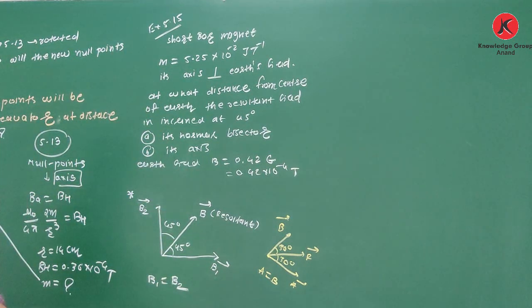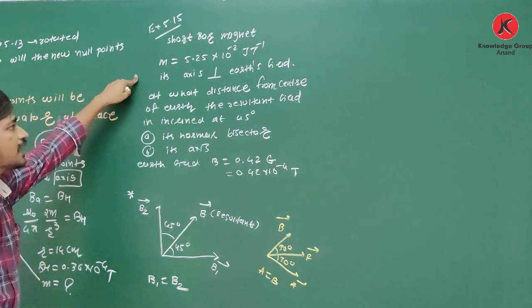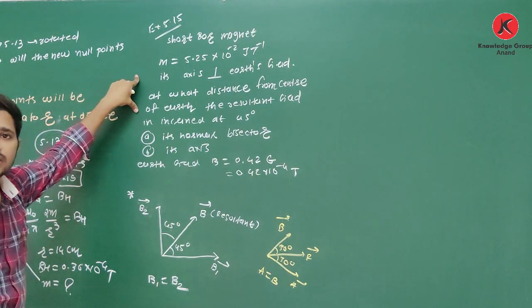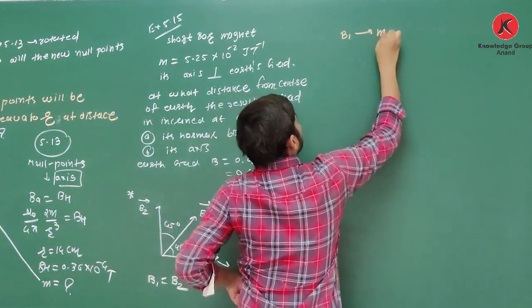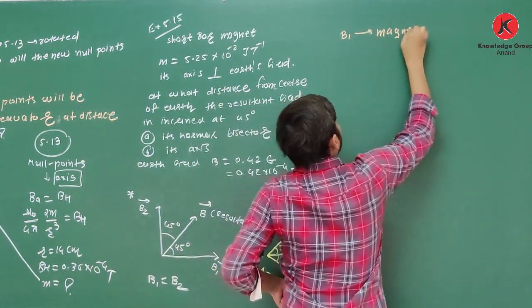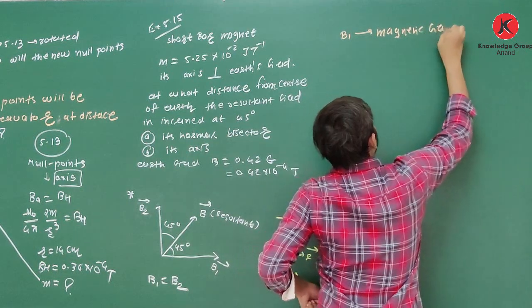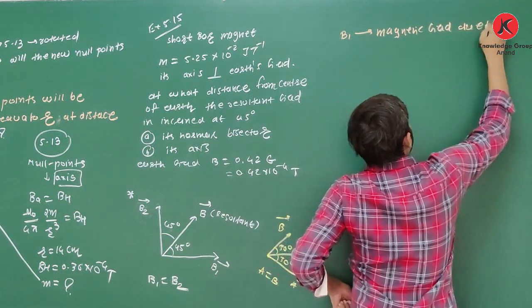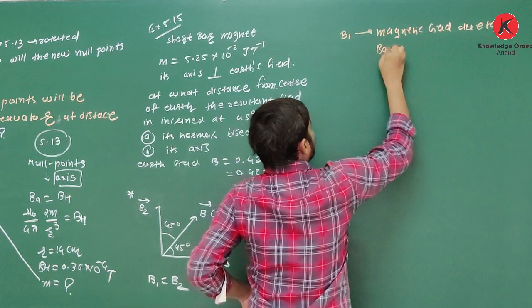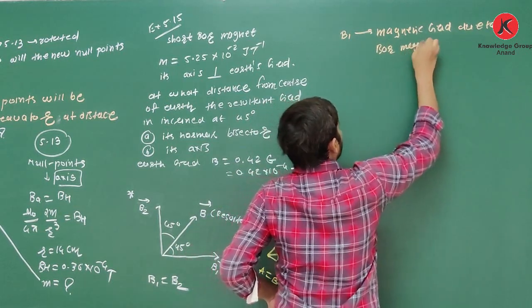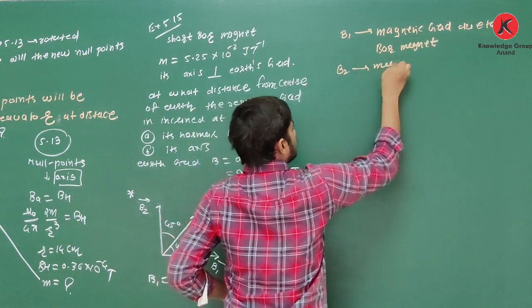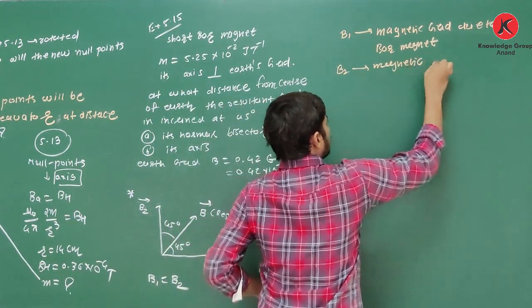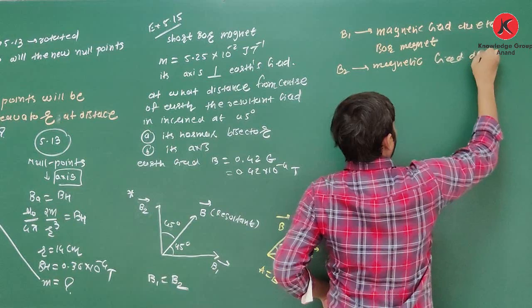Now here, we are given a short bar magnet and we are given earth. So yes, B1 is magnetic field due to bar magnet, and B2 is magnetic field due to earth.